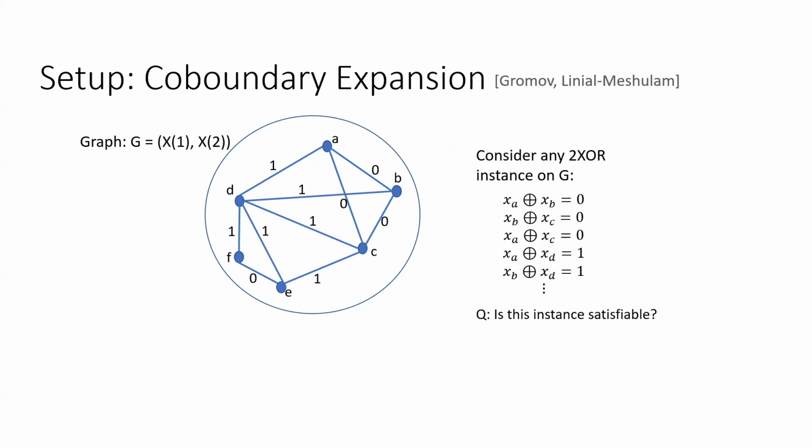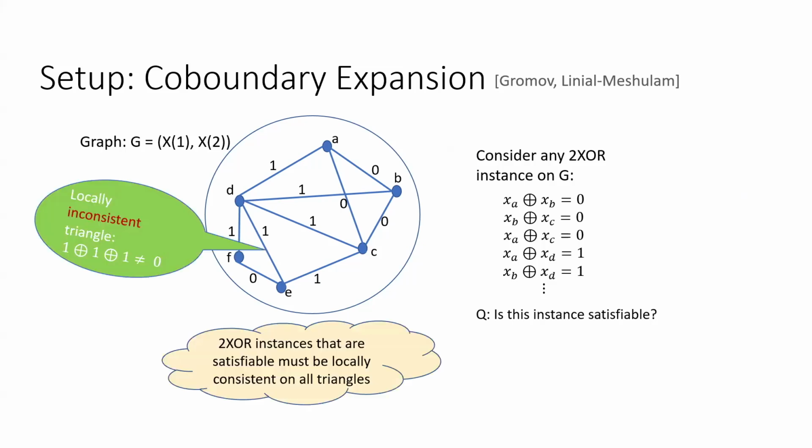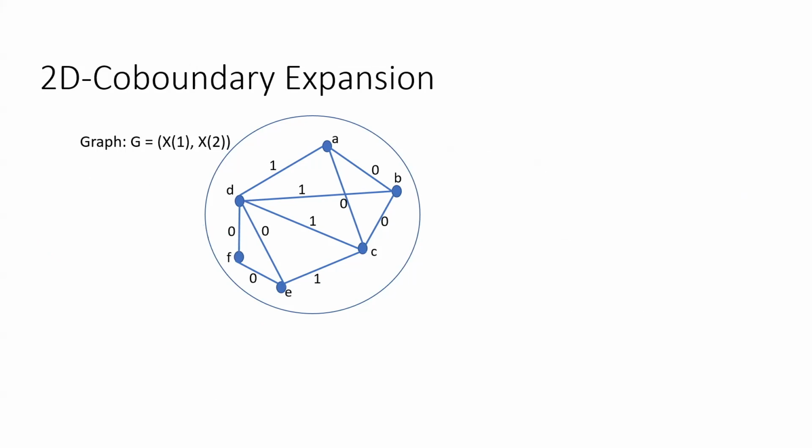So in a 2-XOR instance that is satisfiable, you must be locally consistent on all triangles. Okay, so this instance is not satisfiable. So the next question is, what if you are given an instance which is locally consistent on all triangles? Does it need to be satisfiable?